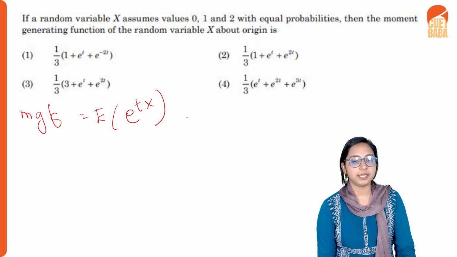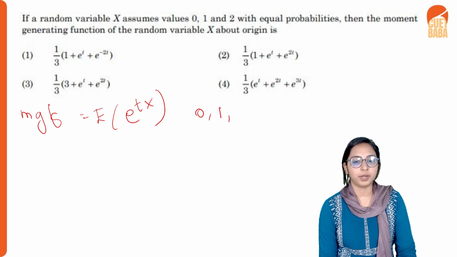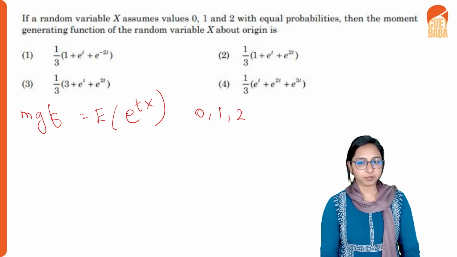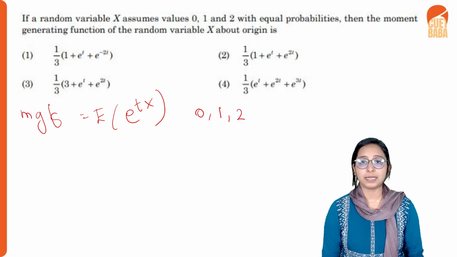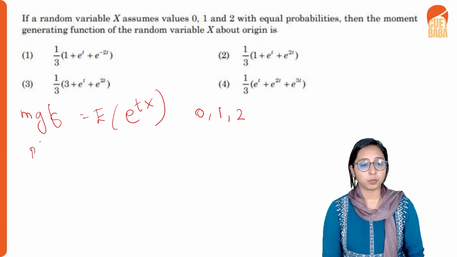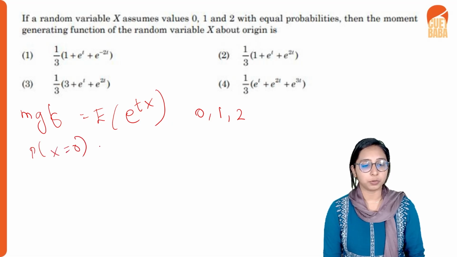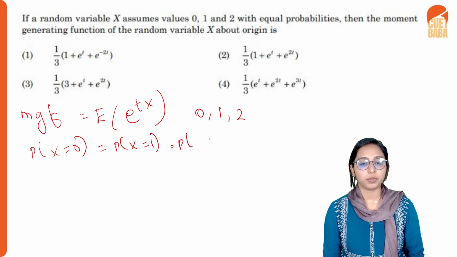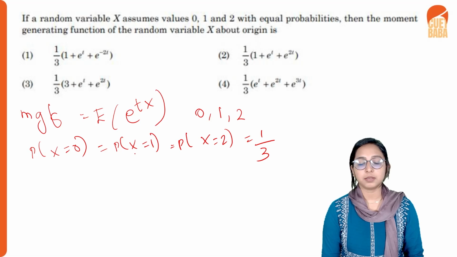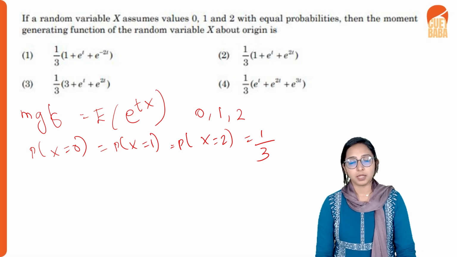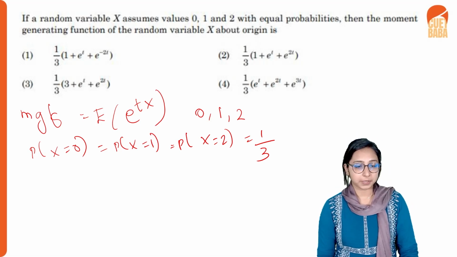So here x takes values 0, 1 and 2, and that too with equal probabilities, and there are three numbers. Hence, probability of x equal to 0 equals probability of x equal to 1 equals probability of x equal to 2, which is equal to 1 by 3. There are three values which x is taking, hence the probability is 1 by 3.